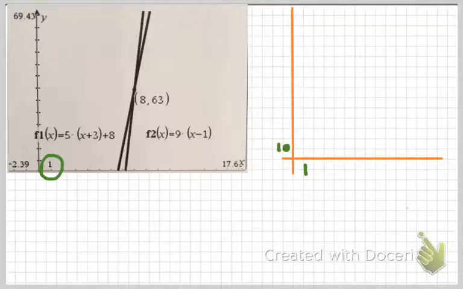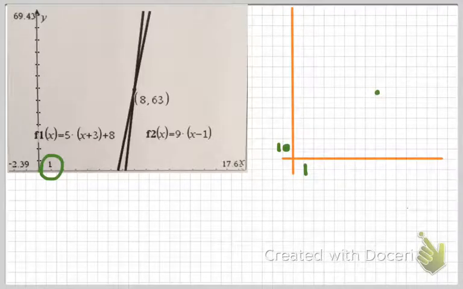So I'm going to go to the right, 1, 2, 3, 4, 5, 6, 7, 8, and up 6. 1, 2, 3, 4, 5, 6. And then we're going to 63, so I'm going to go just a little past that to plot my point. And then I would use the ruler to make sure you're lining up on a decent approximation of the intercept. And you go over and count 1, 2, 3, 4, 5, 6. So the first line is crossing at just past the 6, and now we have a point to aim at.